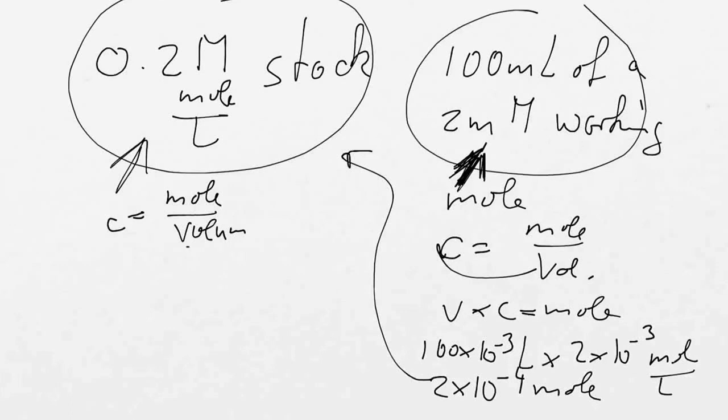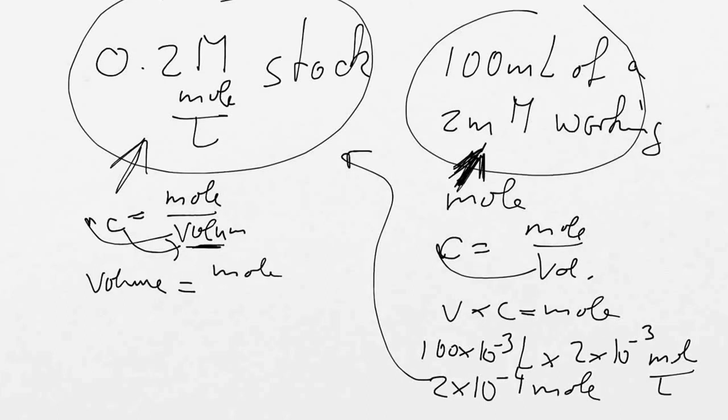So I'm now looking for the volume that I need to take. So I bring that to that side and the C, the concentration, to that side, and I've got volume equals the mole that I want, that is this here, divided by my concentration of the stock, that's this one here.